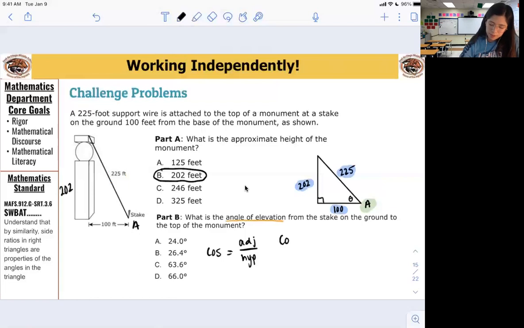So cosine of theta. Cosine of theta is adjacent over hypotenuse. Eric, if you can hear me, can you tell us what would be the cosine of theta?